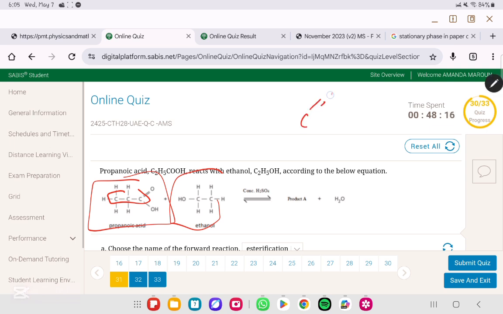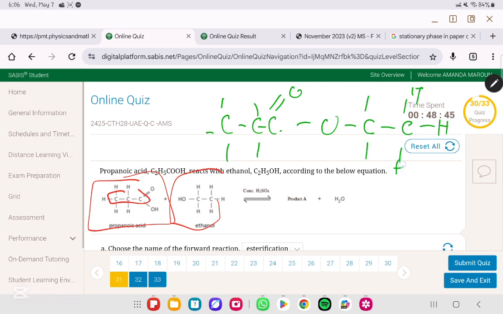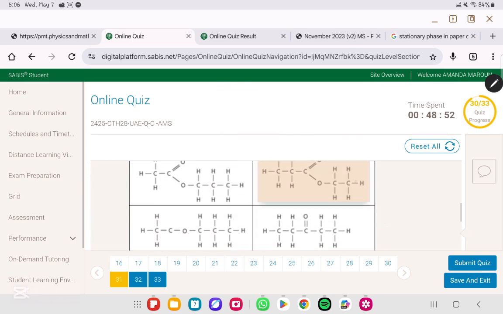In general, it's going to be carbon, carbon, carbon, and then the ester bond, and then an oxygen bonded to carbon, carbon, and then the rest of the spaces you will just fill with hydrogen. H, H, H, H, H, H, H, H, H, and H. So it's basically this one over here.